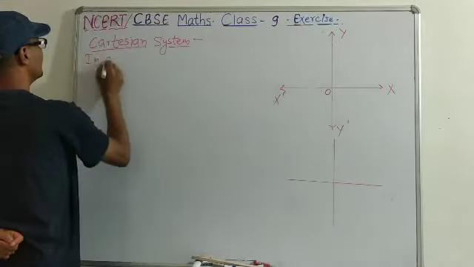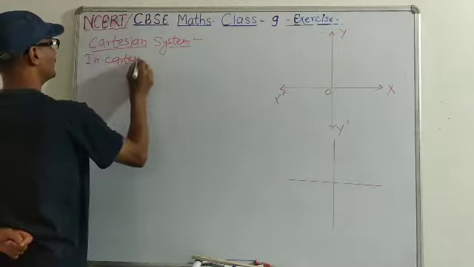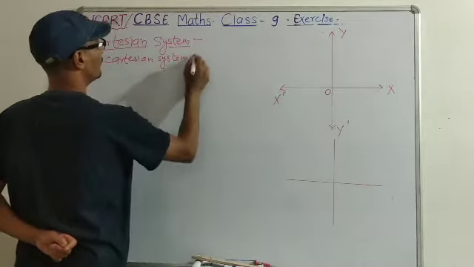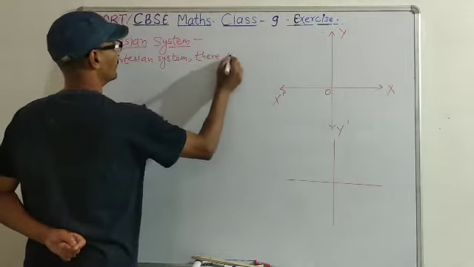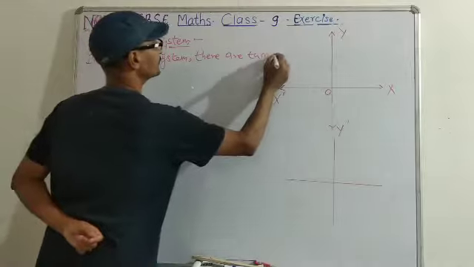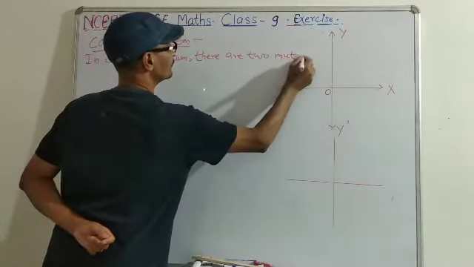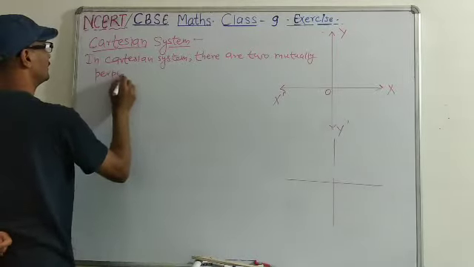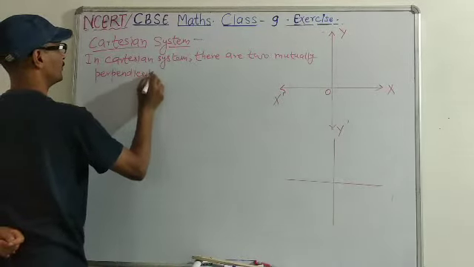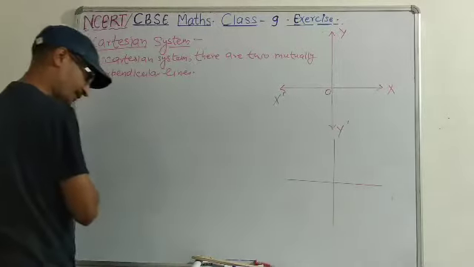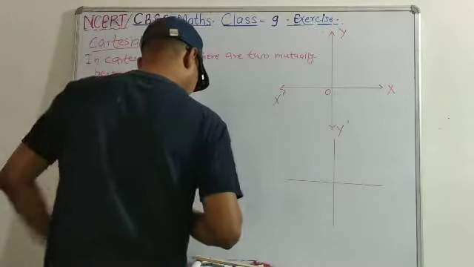In the Cartesian system, there are two mutually perpendicular straight lines.